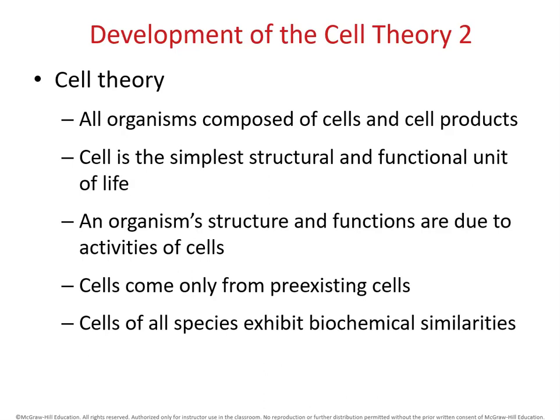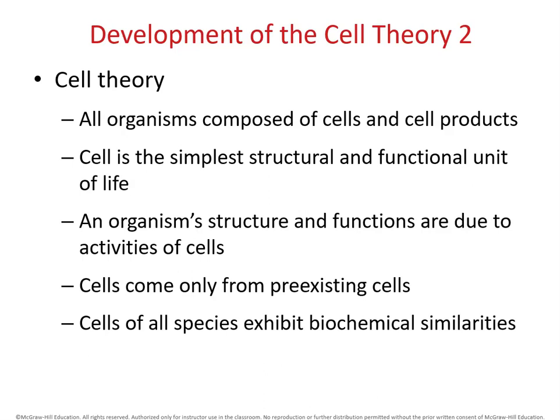Cell theory states that the cell is the simplest structure. It's the functional unit of life. Cell theory relates structure to function, meaning things have a structure that allows them to do their job efficiently and to do it with a high level of specificity. The fourth one, cells can't just show up out of nowhere.